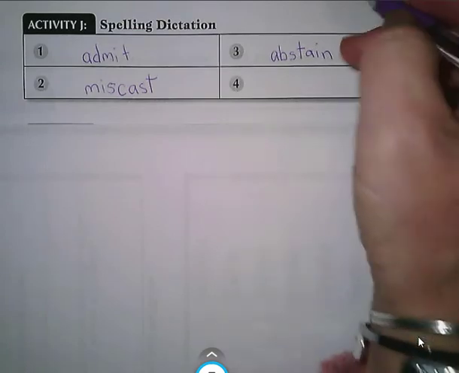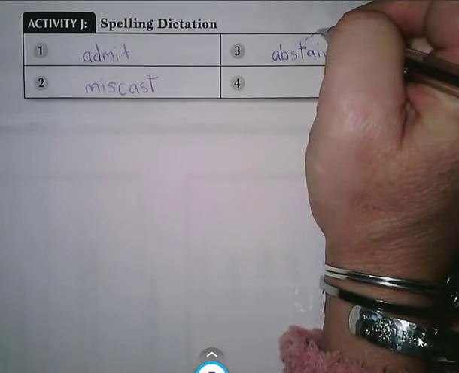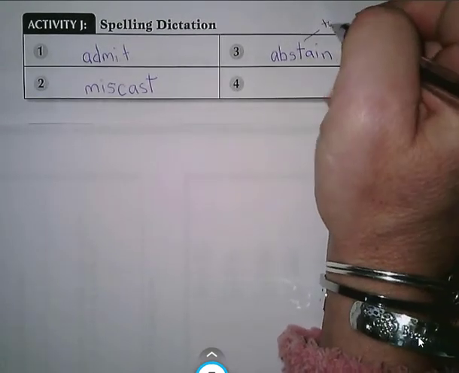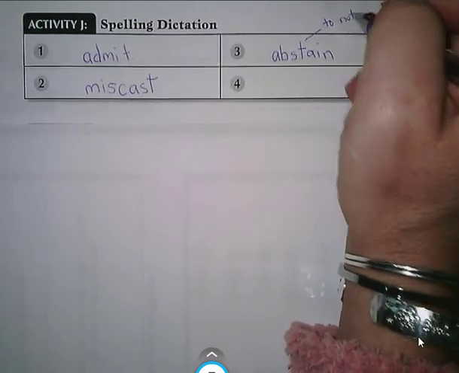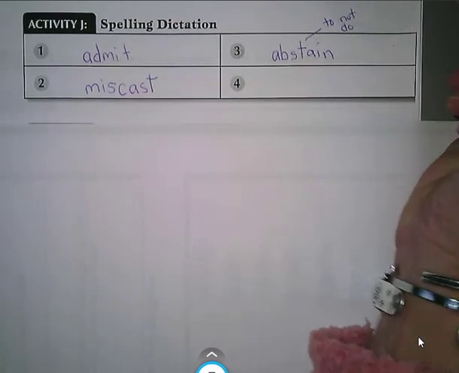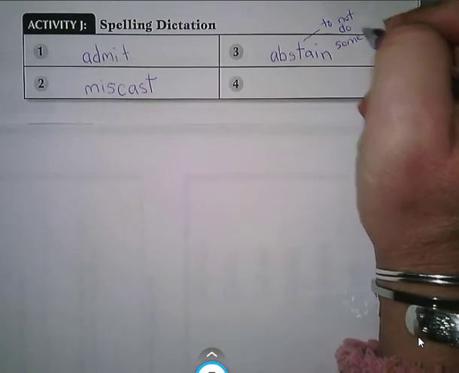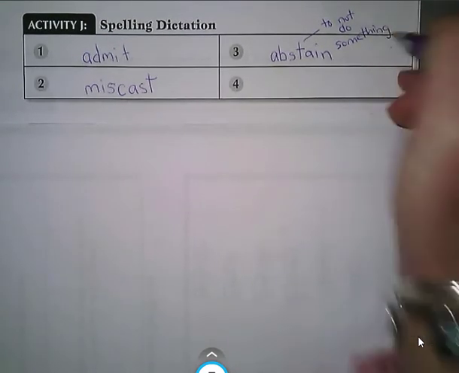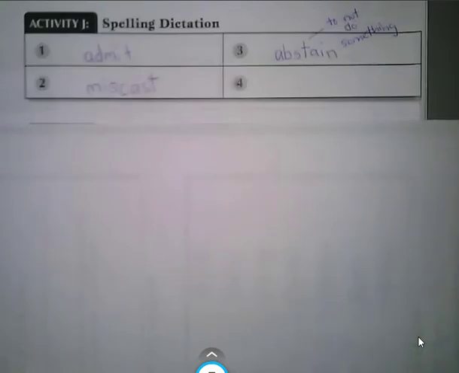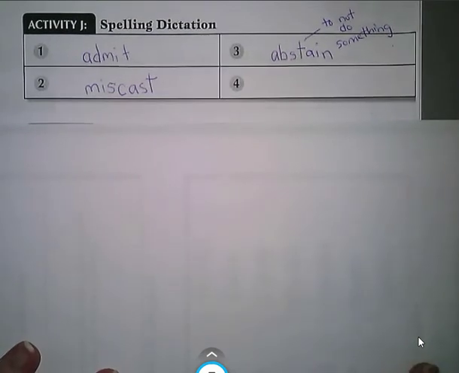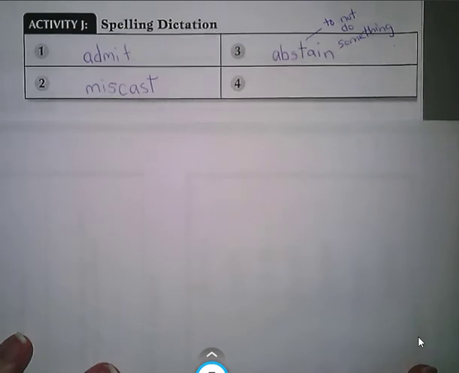Abstain. Abstain is to not do something. Please write that down. I want you to know the meaning of that word. To not do something or to avoid something. You can abstain from biting your fingernails because it's a bad habit. It means you would not be doing it.